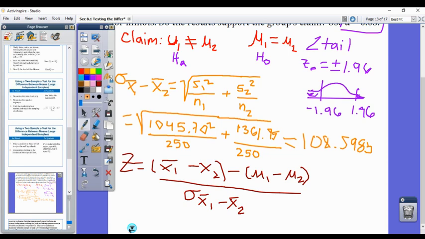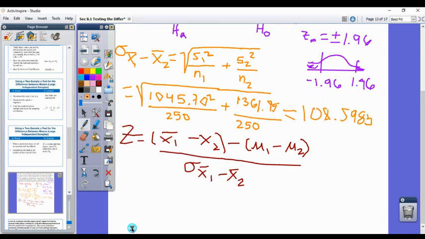So let's plug in. We're going to get Z equals 4,446.25 minus 4,567.24, minus 0.